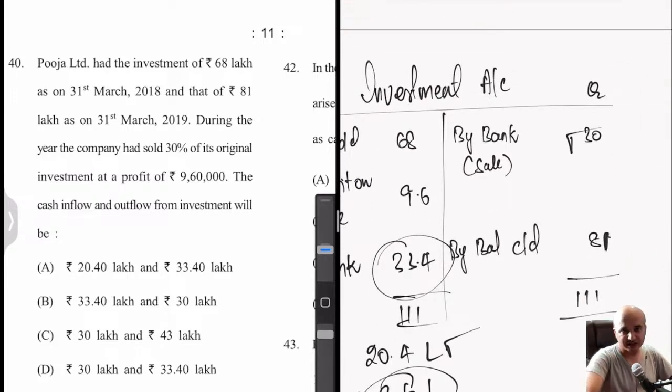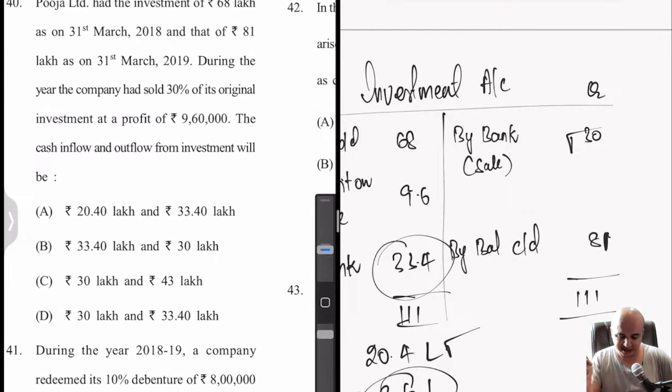I mean, it resulted in increase of cash inflow by 30 lakhs. So cash inflow in this case would be 30 lakhs and cash outflow would be 33.4 lakhs. Which option suggests that inflow is 30 and outflow is 33.4? I hope it makes sense. If you have any doubts, please do ask.